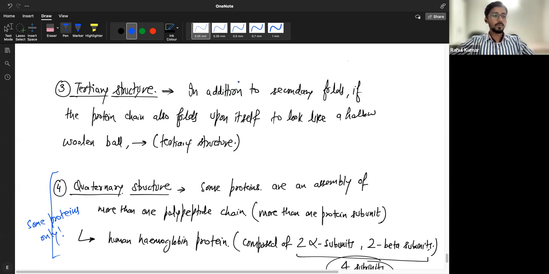Okay, so I can do one thing. Let me finish protein today. Instead of going to metabolism, I'm leaving the enzyme and metabolism part of this chapter. We'll come back to it later, and from the next class we can start with the morphology of flowering plants. How about that?